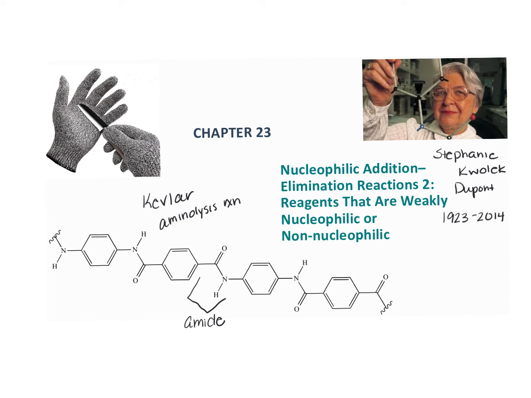So basically, she really began this field of polymer chemistry. And while she developed this in 1964, Kevlar was introduced in 1971. And she continued to work on polymer chemistry for the rest of her life.